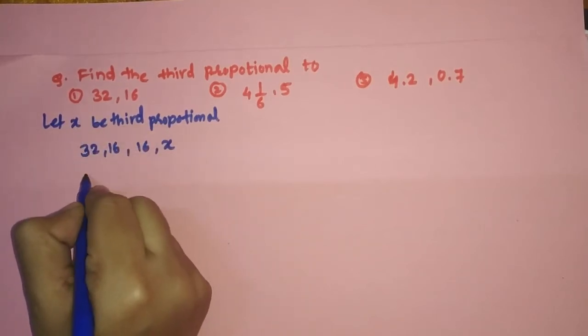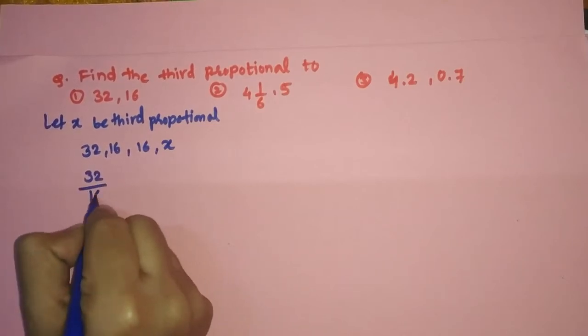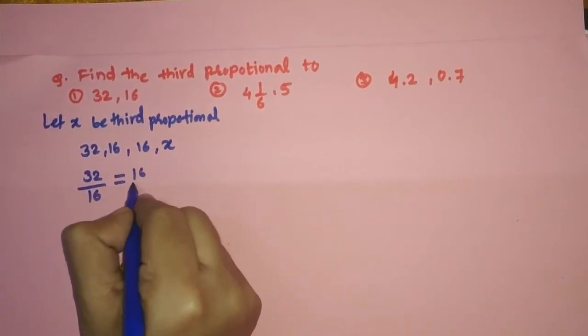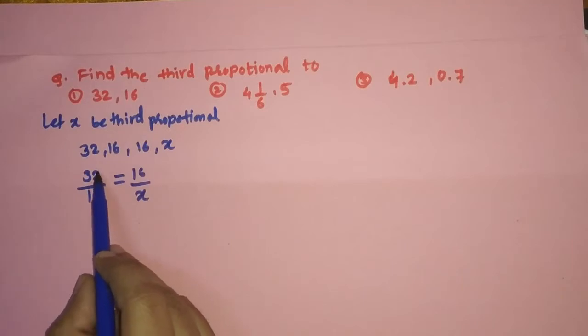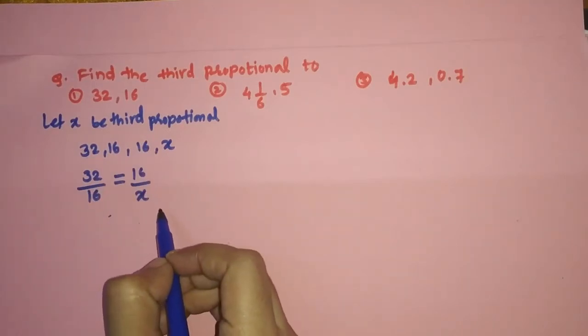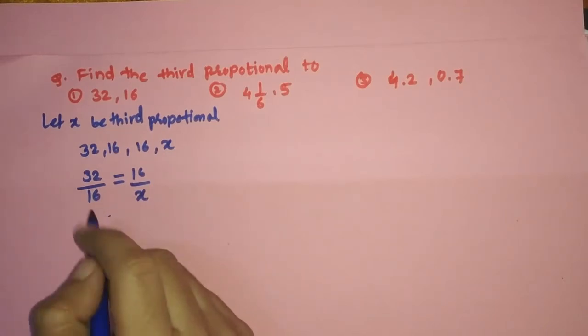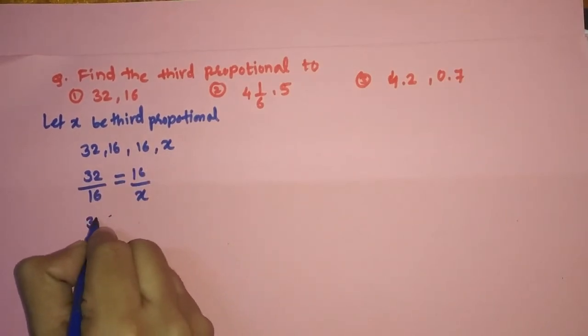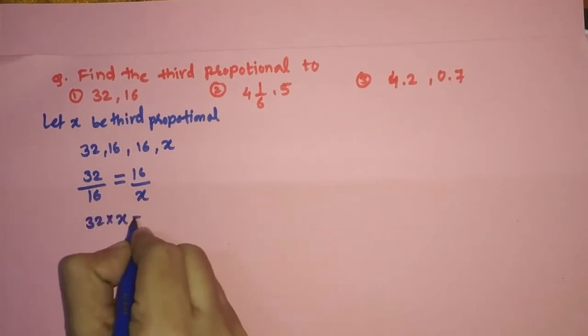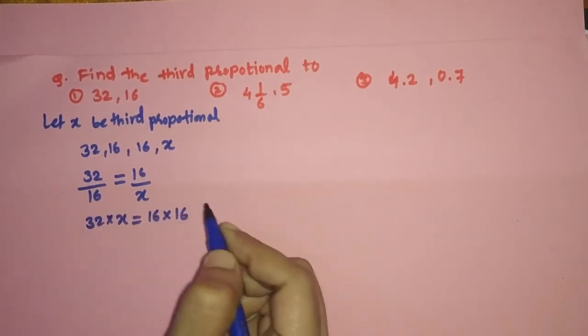So continued proportions are like this: 32 upon 16, this ratio is equal to 16 upon x. So 32 upon 16 is equal to 16 upon x. And we know that you can do the cross multiplication here. We will go for it. 32 multiplied by x is equal to 16 multiplied by 16.